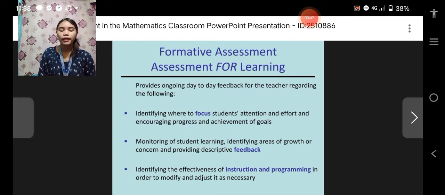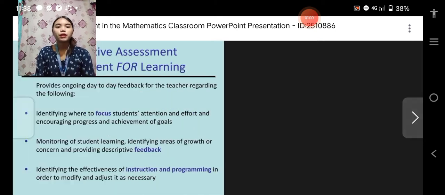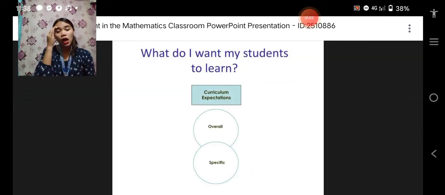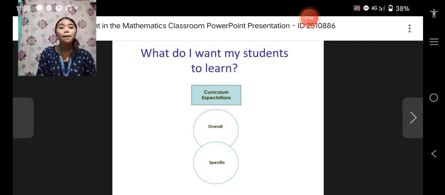And the third one is identifying the effectiveness of instruction and programming in order to modify and adjust it as necessary. So, the first question is: what do I want my students to learn?